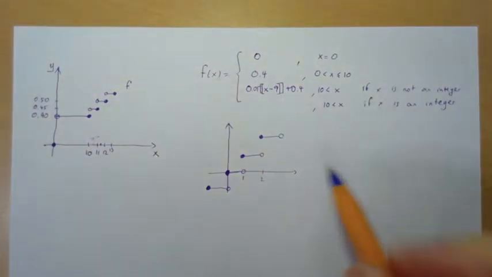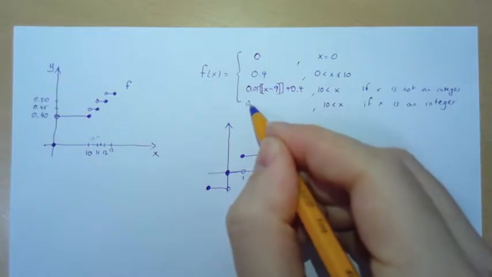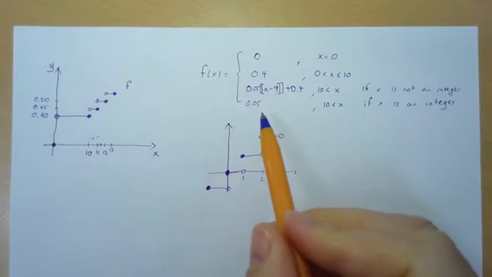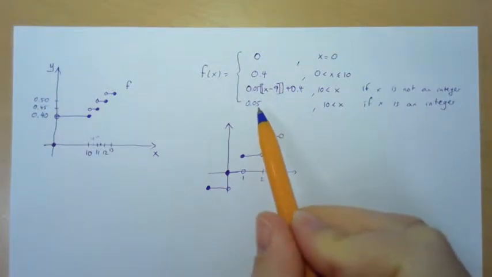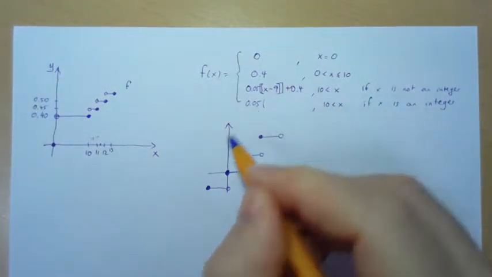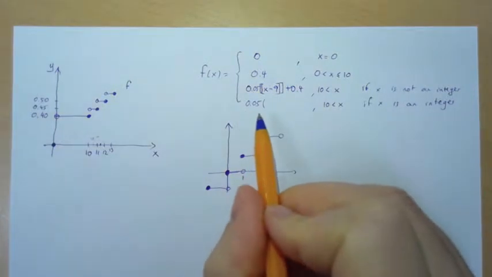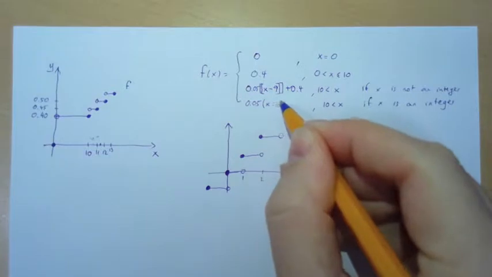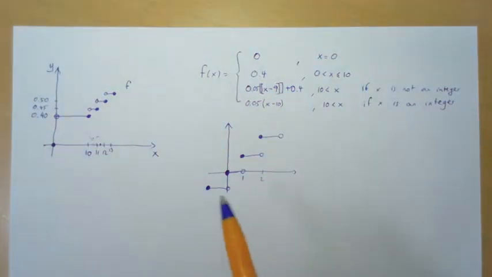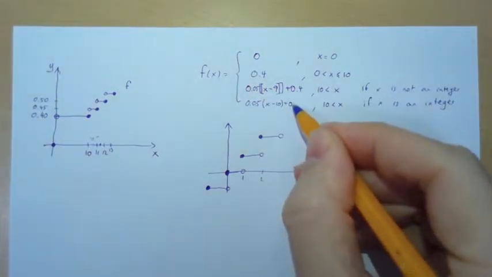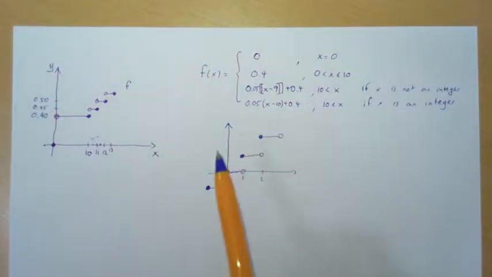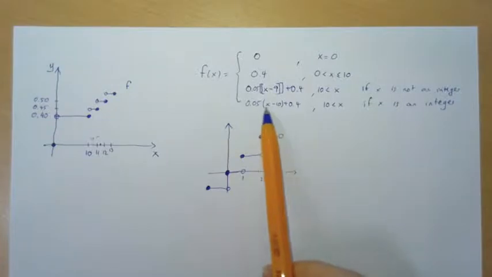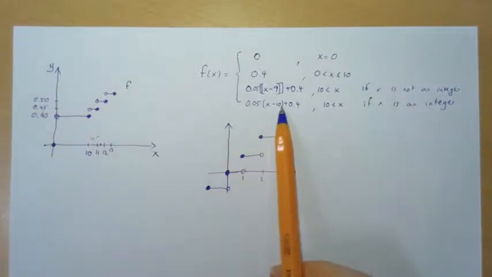Well, if x is an integer, the number of times I need to multiply 0.05 is, I don't care about greatest integer anymore because it is an integer, but this time I need to subtract 10. And of course plus 0.4. Let's check to see if it works for x equals 11. 11 minus 10 equals 1, so I'm adding 1 times 0.05.